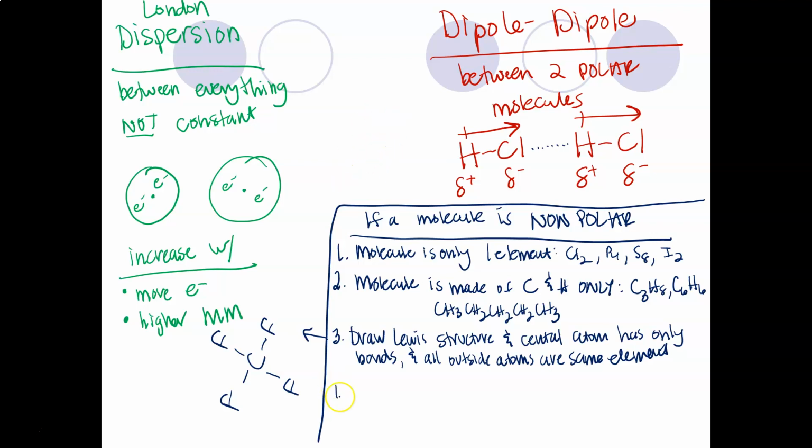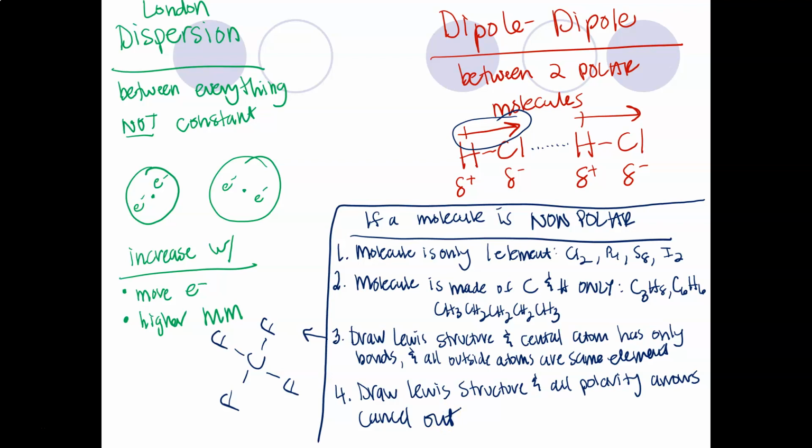The 4th scenario is you draw the Lewis structure, and all the polarity arrows cancel out.